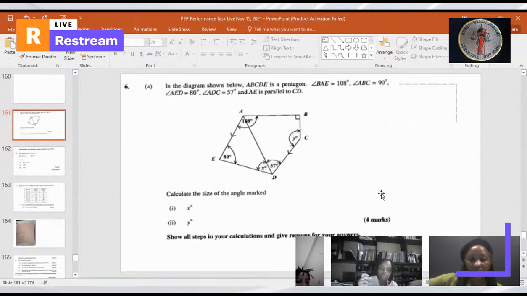An important note there is that AE and CD are parallel. So that's going to be important.